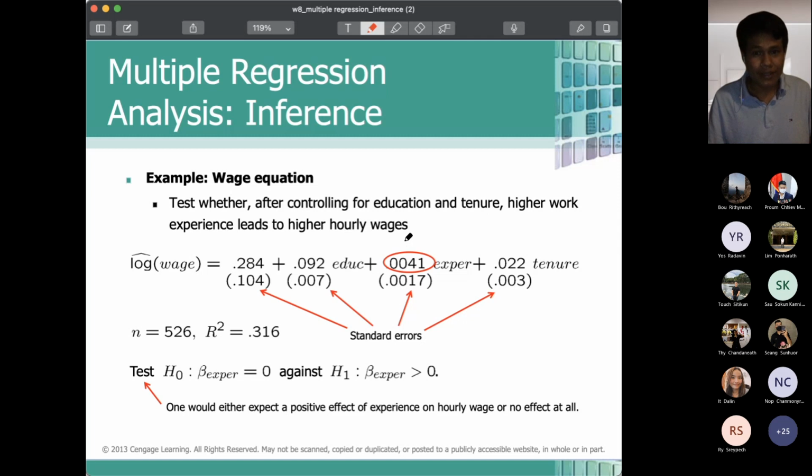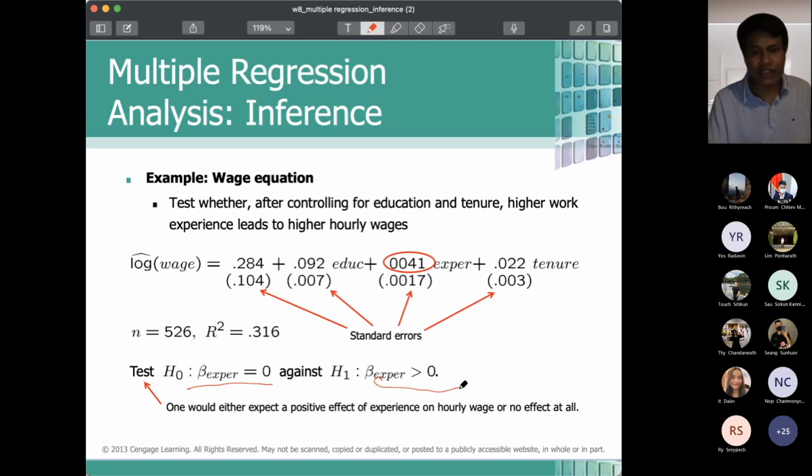So in order to do that, we need to construct t and the critical value. In this case, our null hypothesis is that experience has no effect on wage. Our alternative hypothesis is that experience has a positive effect on wage.